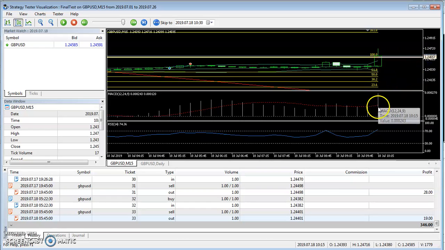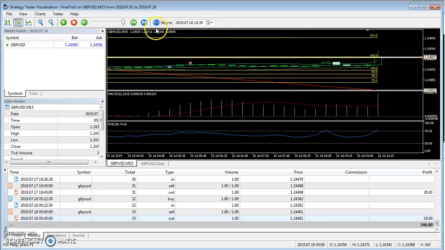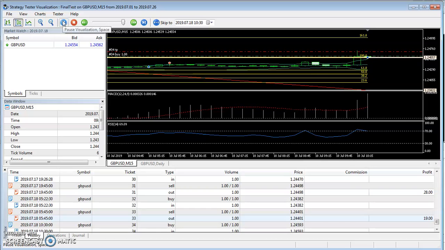The MACD is above the zero baseline, even breaking through the signal line, and the RSI is currently at 74.36 and going up, so a very strong signal to open a trade. As soon as the next candlestick begins and it breaks through the upper band, it should trigger a trade to open. And as soon as it does, it's above the upper band and it triggers a trade.